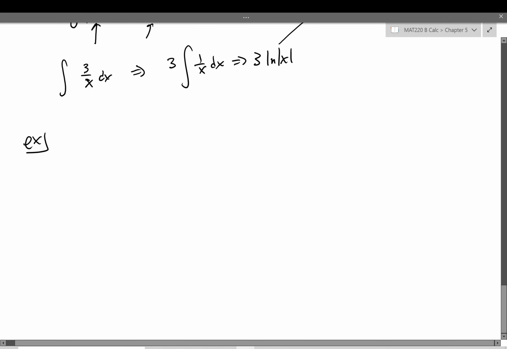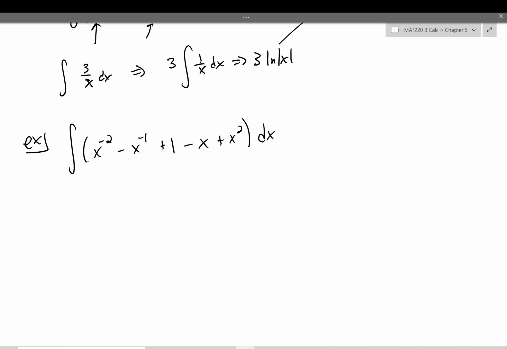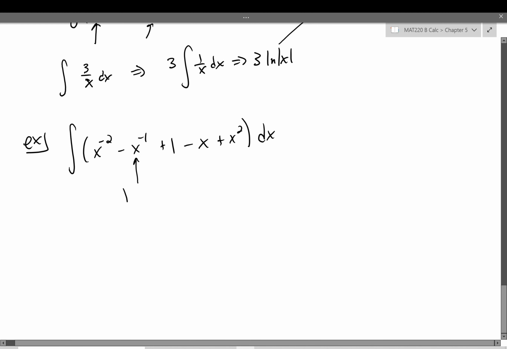Okay. So the next one, the integral of x to the negative 2 minus x to the negative 1 plus 1 minus x plus x squared dx. Okay? So when I look at this, I'll just scan it real fast, and I notice right here, there's my natural log, because it's 1 over x.